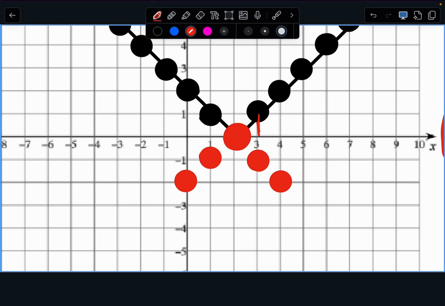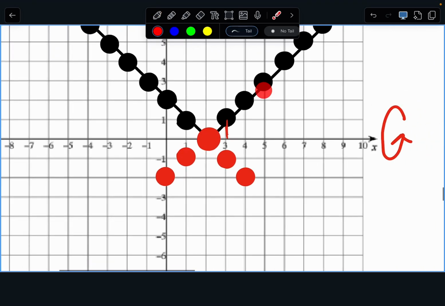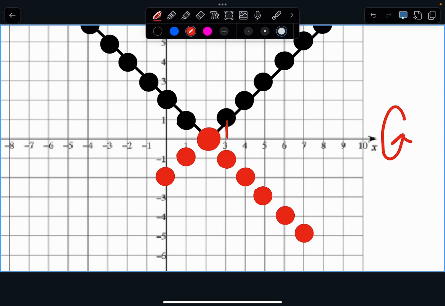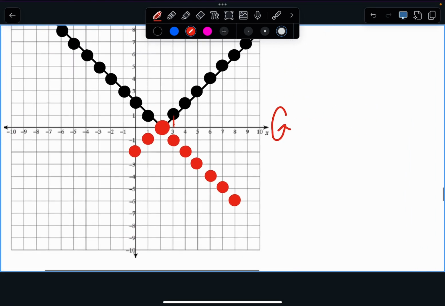Same thing on the other side. This next point, 3 away, so 3 away below. And you're going to continue that pattern for every point.